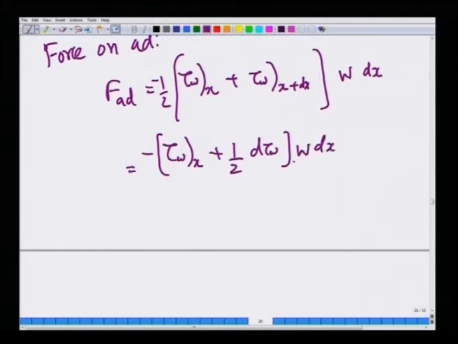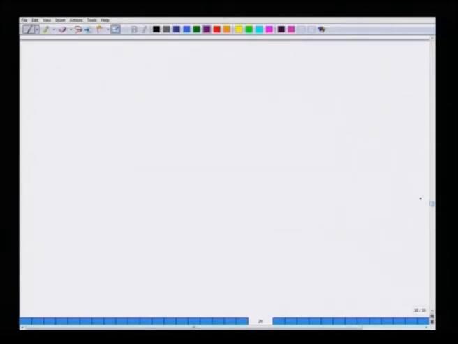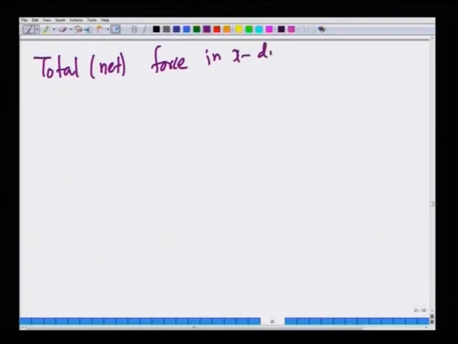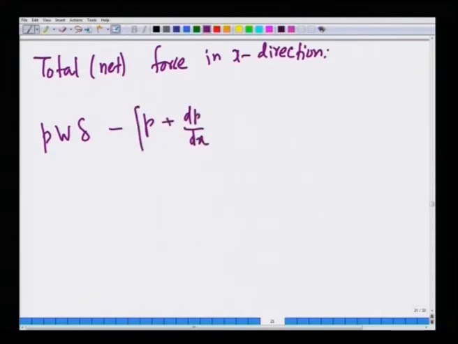Now, I have to put all these things together. The net force in the x direction will be, therefore, the force on the face AB, which is P w delta, minus the force on the face CD, which is P plus dP/dx dx times w times delta plus d delta.